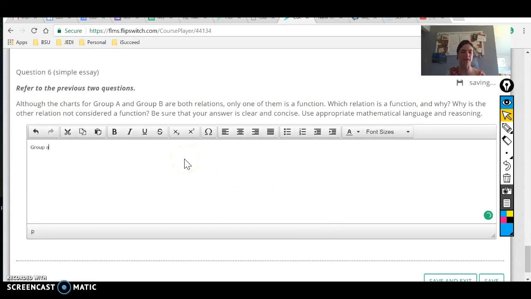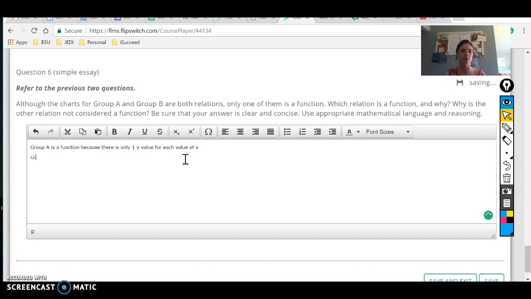Group A is a function because there is only one y value for each value of x. Another way to say that, there's only one range value for each domain value.